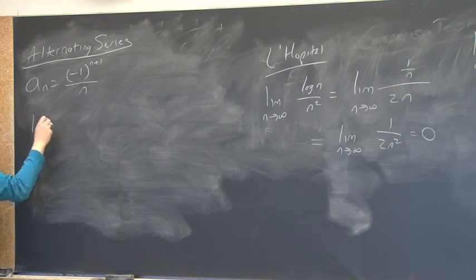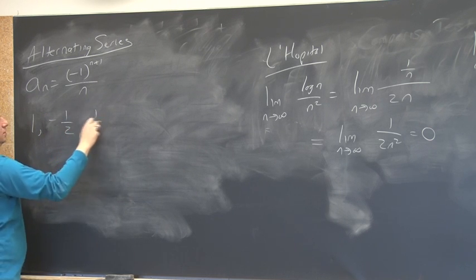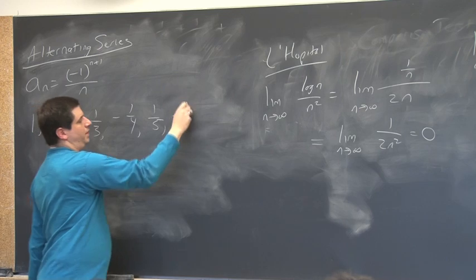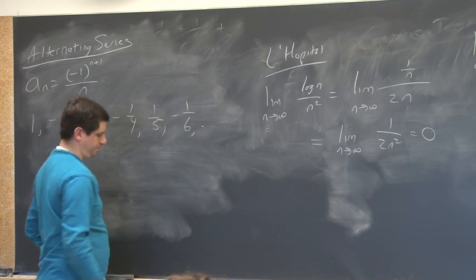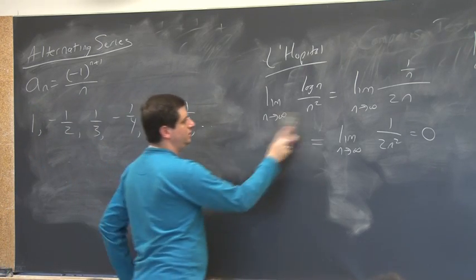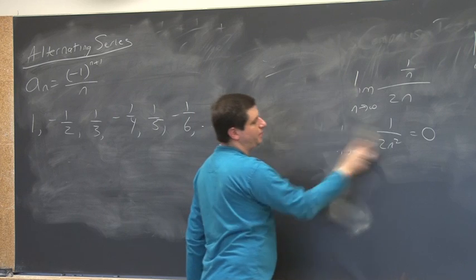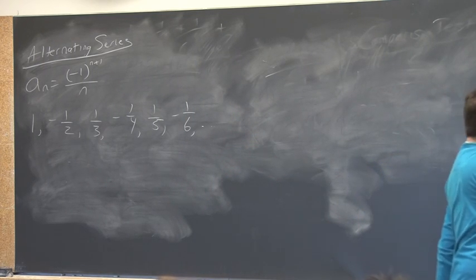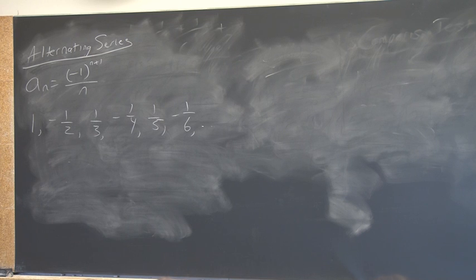So it's 1 minus a half, plus a third, minus a fourth, plus a fifth, minus a sixth, dot, dot, dot. If I didn't have the minus signs, then it would clearly diverge. But the minus signs mean there's going to be a lot of cancellation. So the question is, do I have enough cancellation so that it's going to converge?